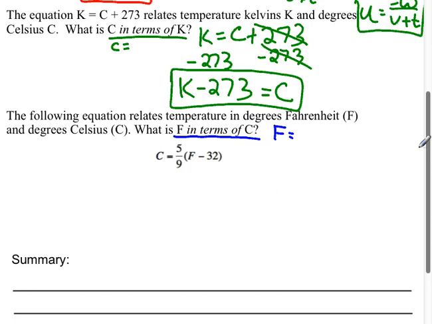So if I can deal with this first, and get that to the other side. Well, notice I talked about multiplying. Now, what that means is on the bottom is the 9. So you can multiply the 9 over, and then divide by the 5.